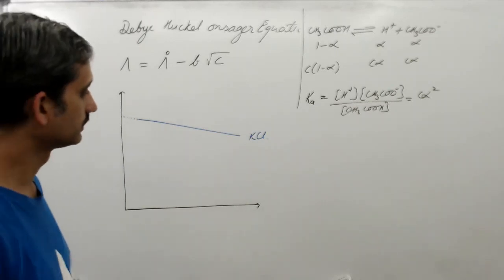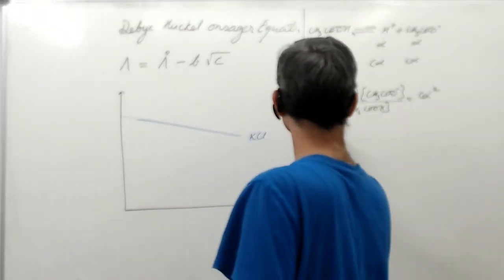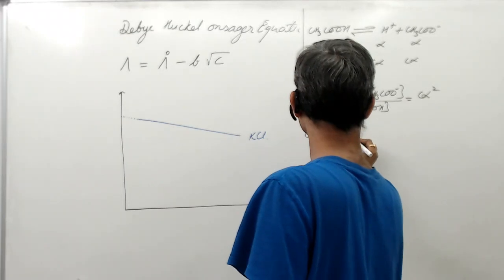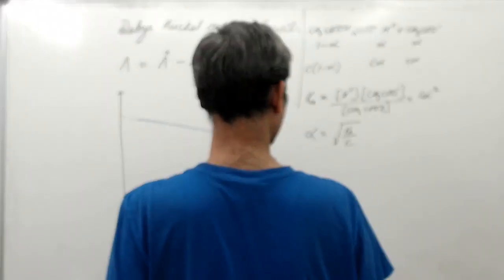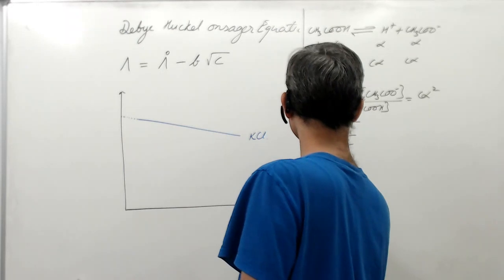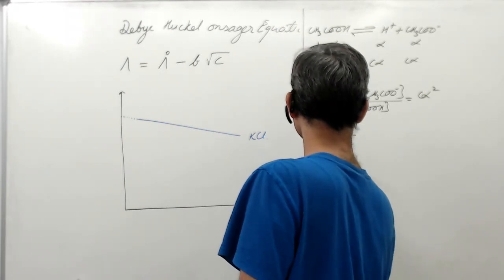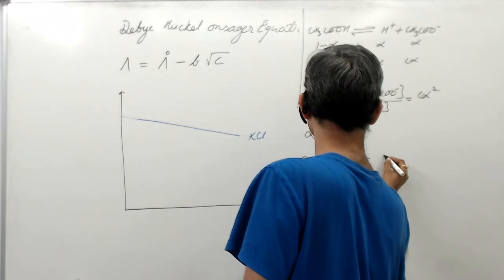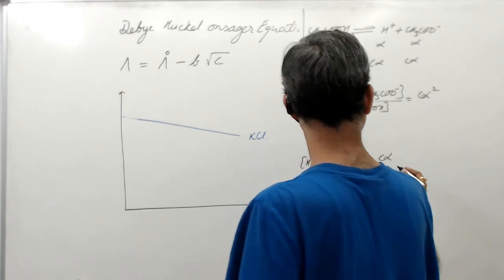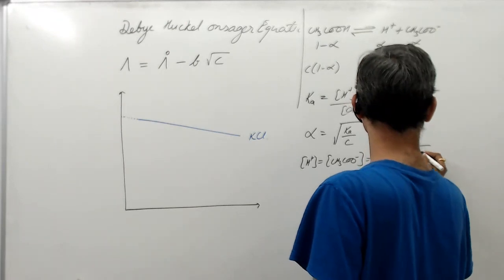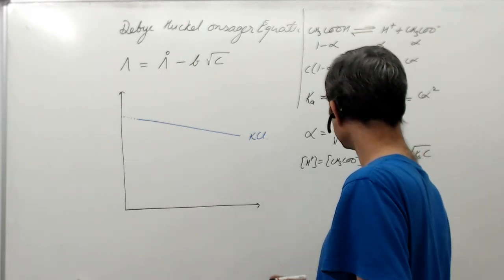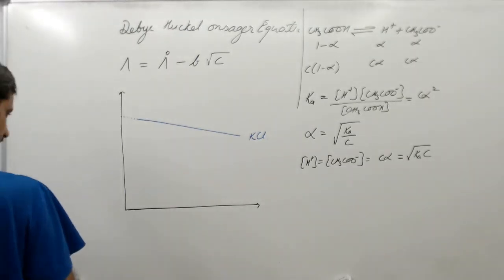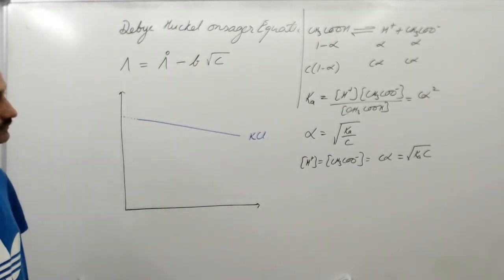Yes, sir. Now this alpha would be equal to under root Ka by C, while the concentration of H plus, which is equal to the concentration of CH3COO minus, is equal to C alpha, which is equal to under root KaC. Any confusions here?